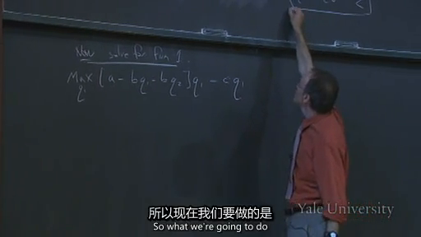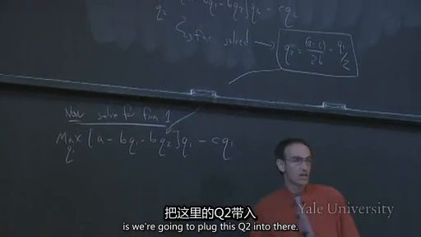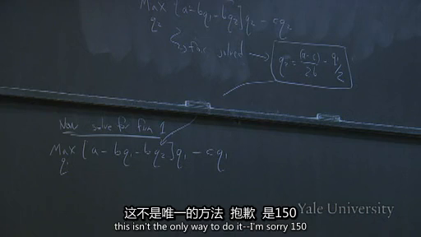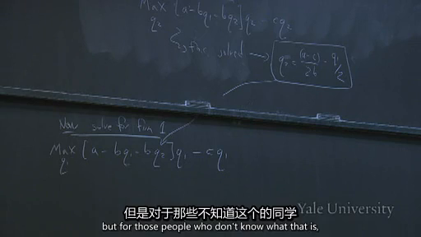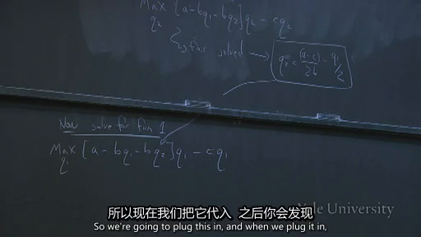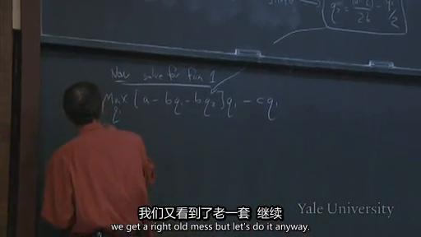So we're going to plug this Q2 into there. For those of you in 150, this isn't the only way we could do it. We could also set up a Lagrangian. But for those who don't know what that is, don't worry, we're going to plug in today. When we plug it in, we get a right old mess, but let's do it anyway.